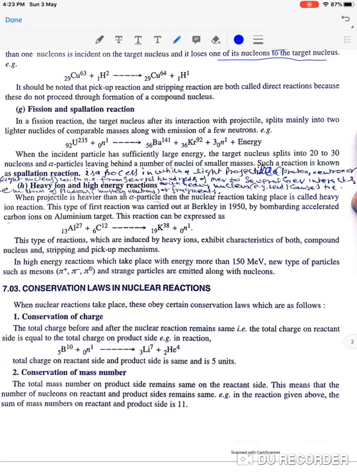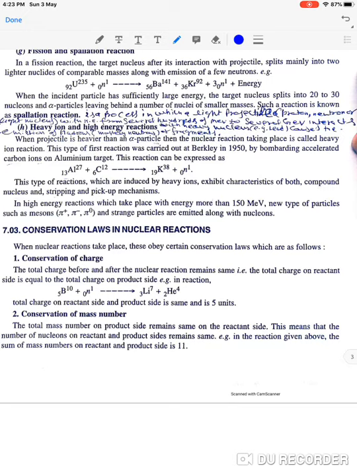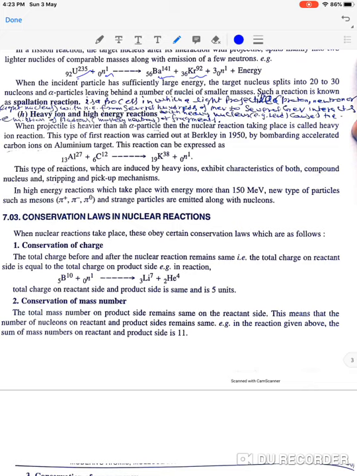For example, uranium, when bombarded with a neutron, gives these daughter nuclei. The atomic number and mass number of these are far less than the parent nucleus. So these are small nuclei, along with some neutrons and energy as well.